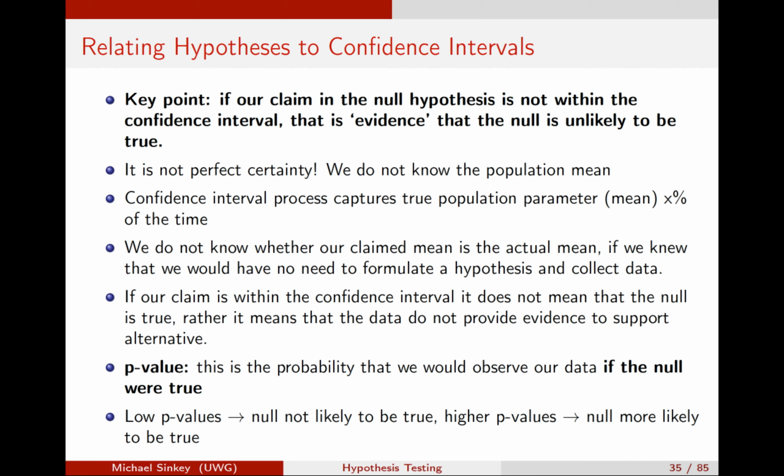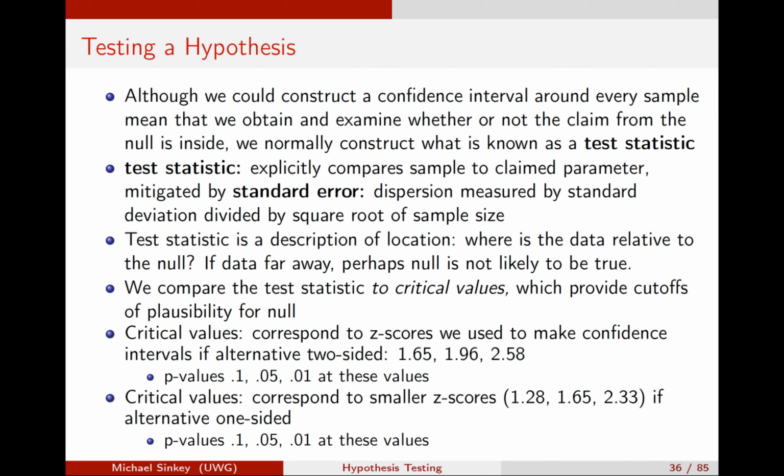What I should be thinking instead is, is the null reasonable? Is it not? Higher p-values, null more likely to be true. So the sample is closer to the population mean if the population mean is the null.